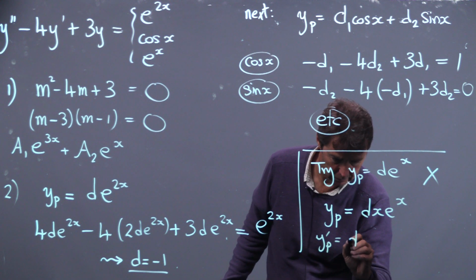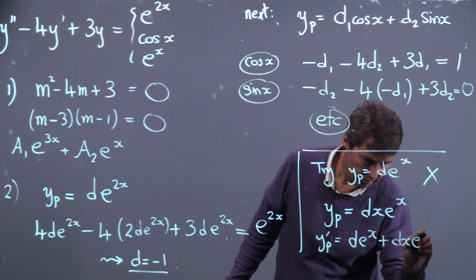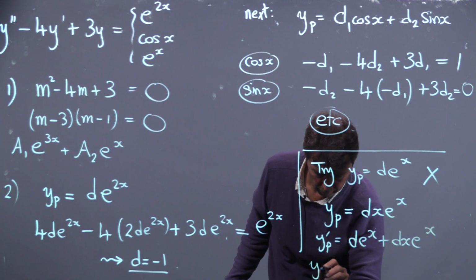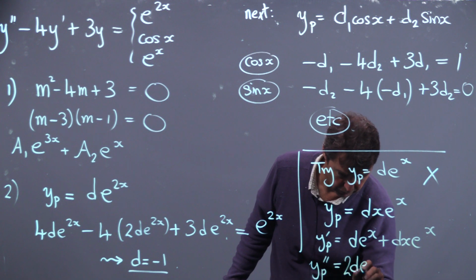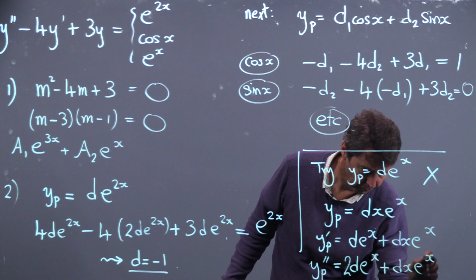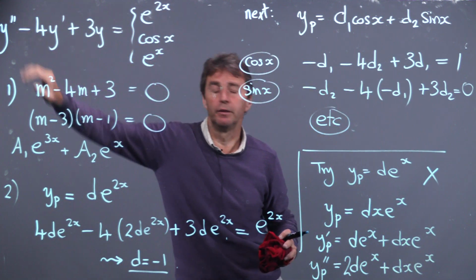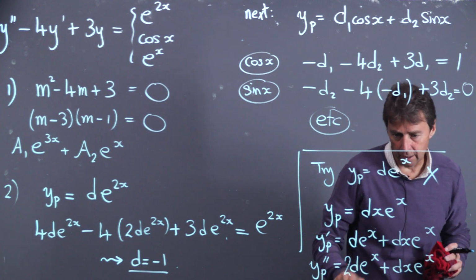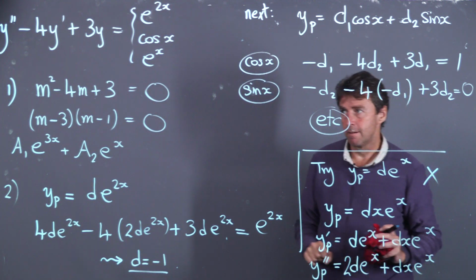Differentiating gives us that combo. Differentiating again gives us the following. When I take this lot and shove it into the left-hand side there, all of these x e to the x terms disappear. Right?